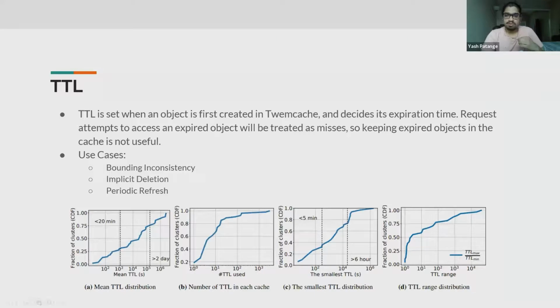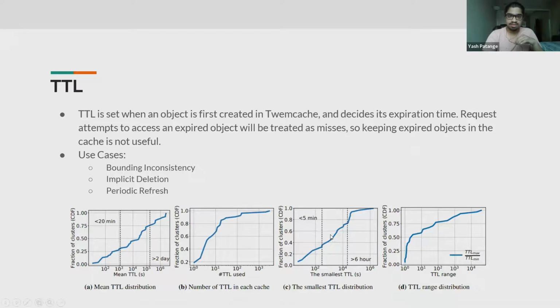For the analysis part, in figure A on the left, you can see that more than 25% of the workloads use a mean TTL shorter than 20 minutes, and less than 25% of the workloads have a mean TTL longer than 2 days. Figure B shows that only 20% of Memcache workloads use a single TTL, while the majority use more than one TTL.